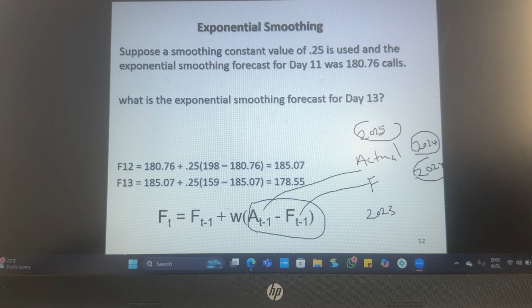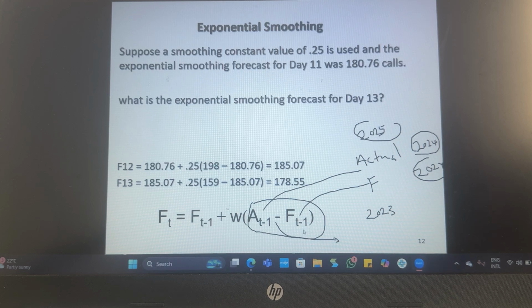This is what we got, Ft minus 1, actually we got this number when we were at 2023. Right? So now we can compare how accurate our forecast is. Is there any difference between the two? The value within the parentheses we identify as the forecasting error. Okay?